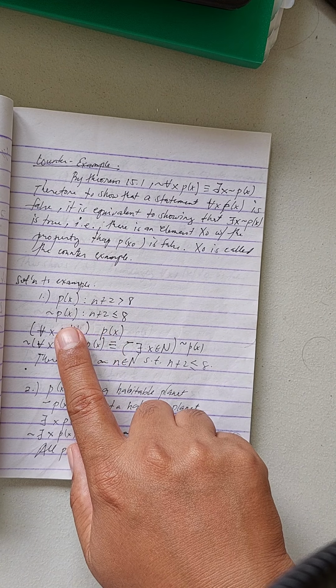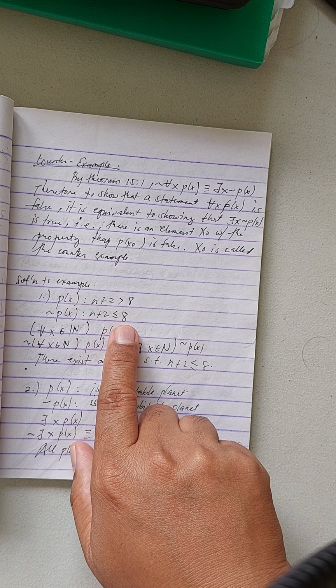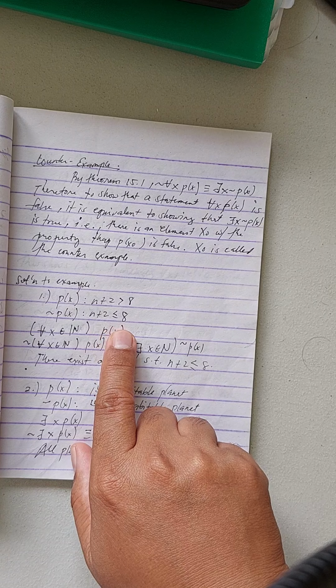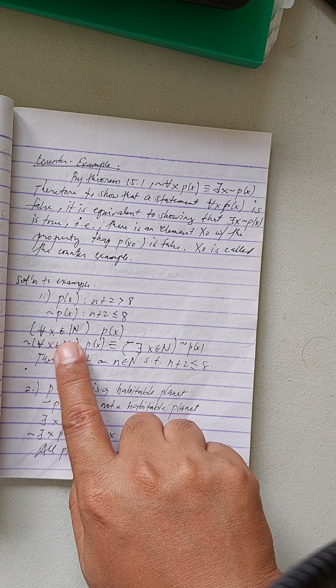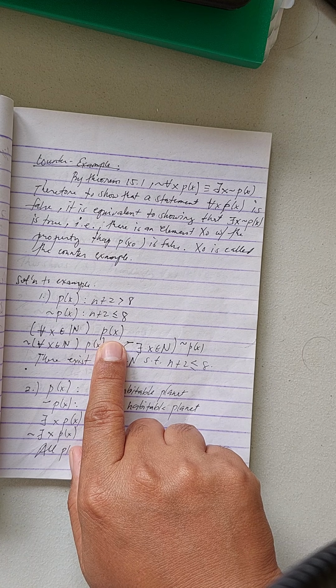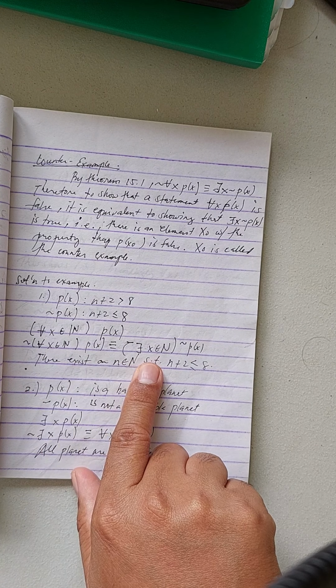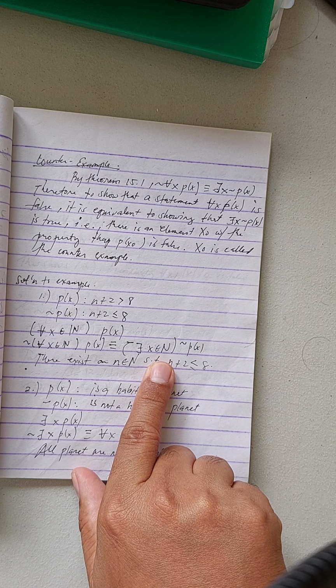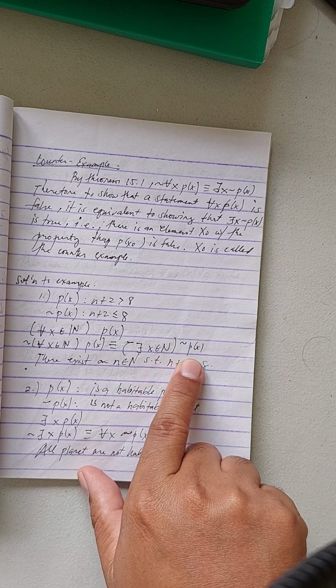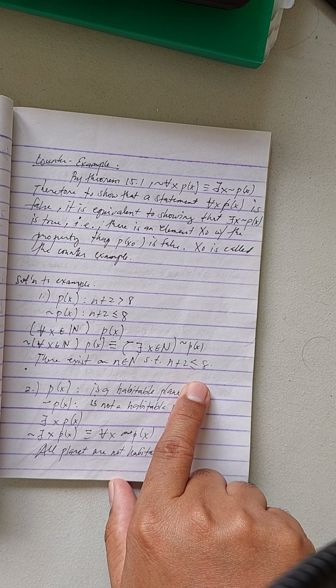Okay? So for its negation, we reverse the inequality. Greater than becomes lesser than or equal. Now, for all x element of the counting numbers, for our proposition, its negation would be there exists n element of N, and then the negation of the proposition, n plus 2 greater than 8.